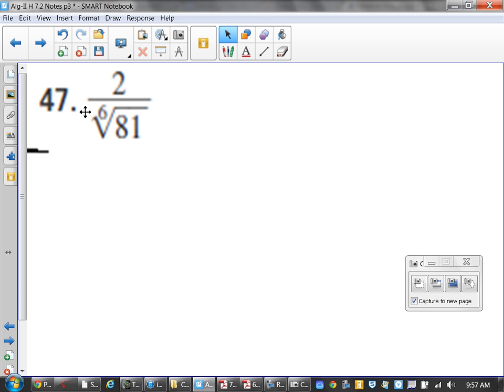It's 3 to what power? 3 to the 4th power. 81 is 3 to the 4th power because it's 9 times 9, which is 3 times 3. Okay? So in the denominator here, I get 2 times the 6th root of 3 to the 4th.